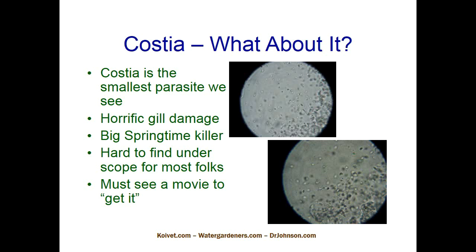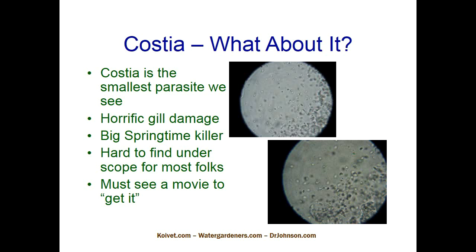And you put the driftwood back in there, and lo and behold, you have Costia again. There's the reason. It dried. And so, sometimes it's smart to leave ornaments in and treat the entire system and clear the Costia that way.